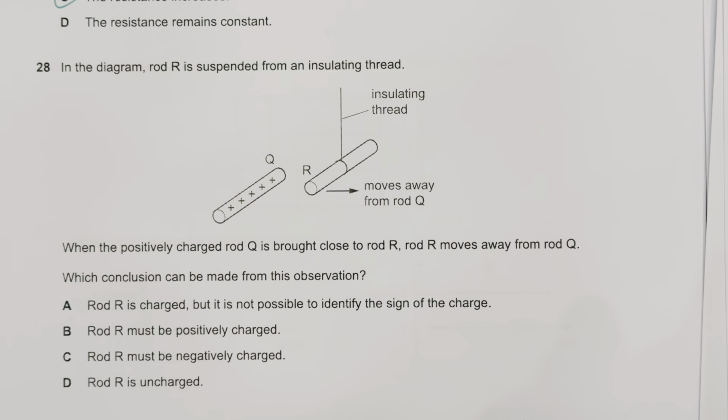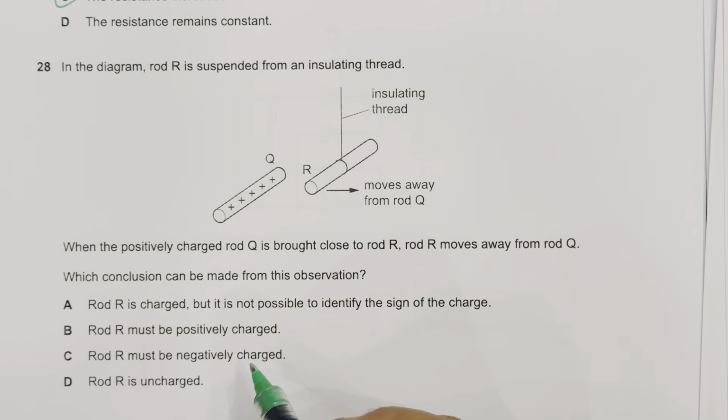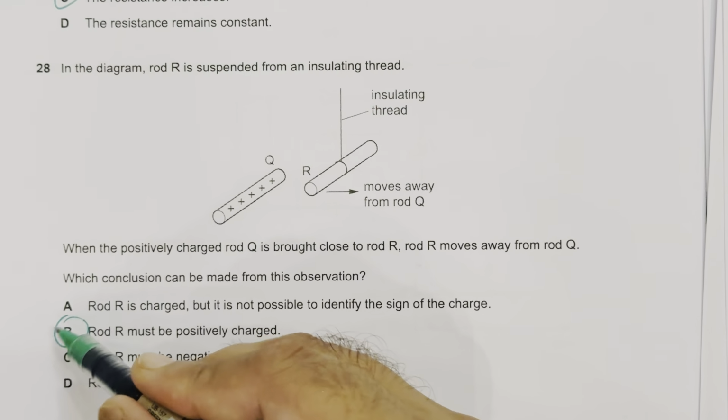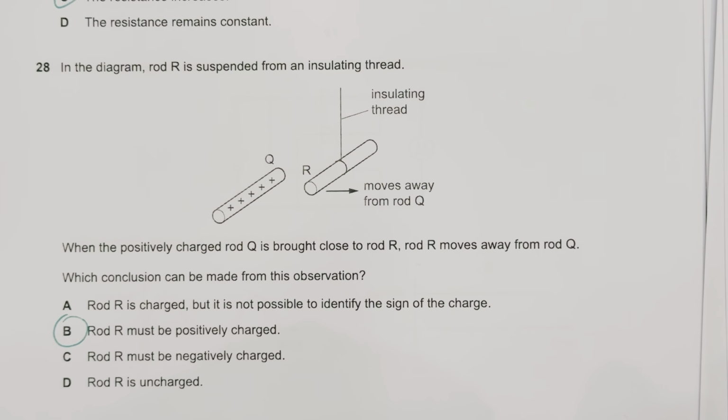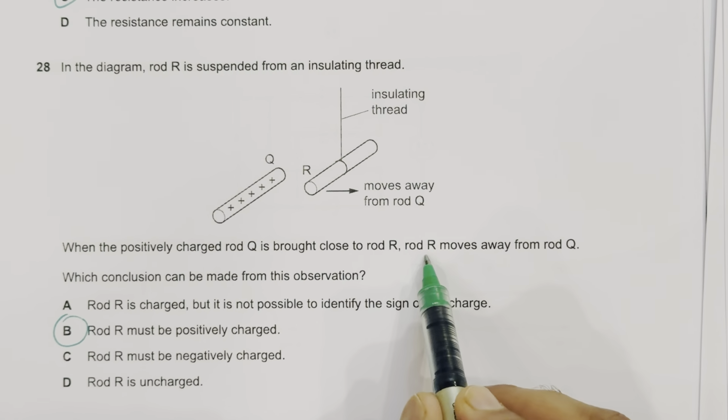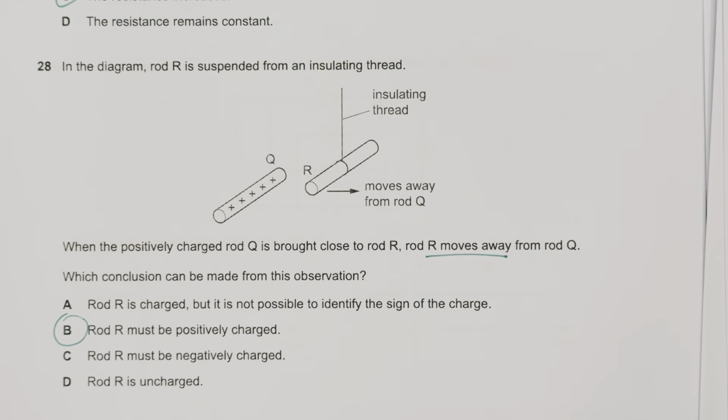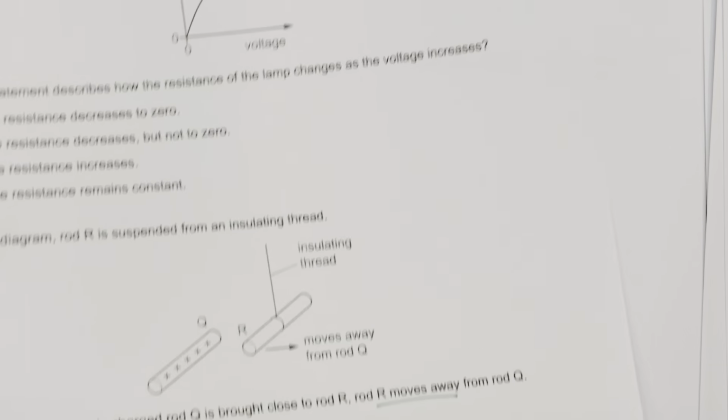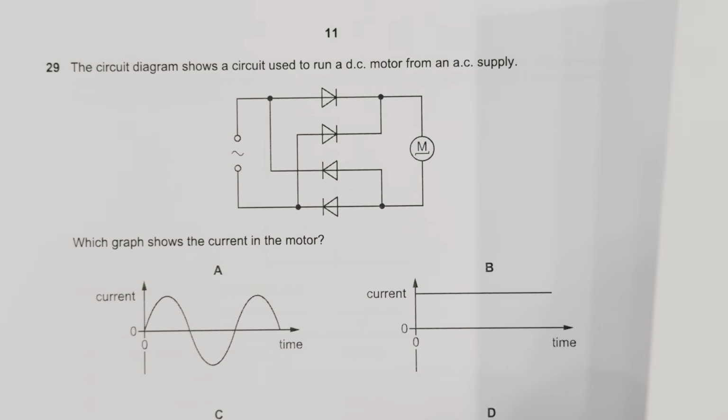Okay, rod R is charged, and it is repelling, so it should be similarly charged. So we can say that rod R must be positively charged. So option number B is the right option, because it is moving away, which means it is repelling. We know that like charges repel each other, that's why it was moving away.